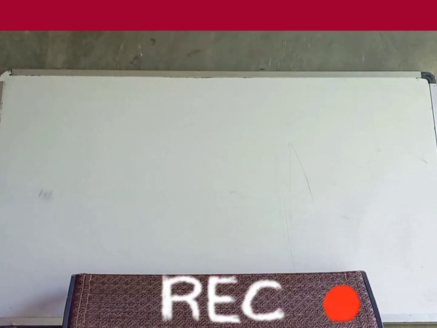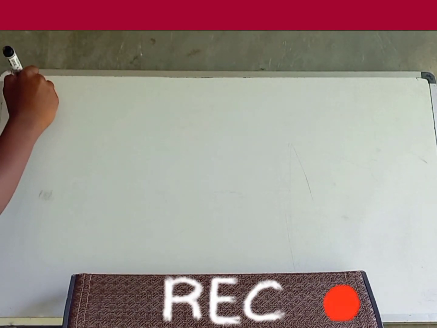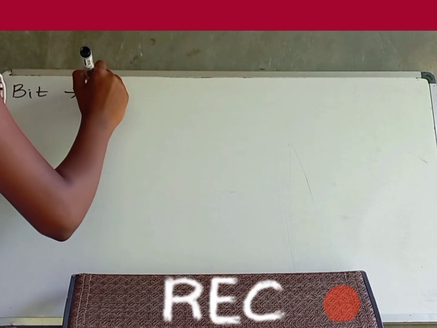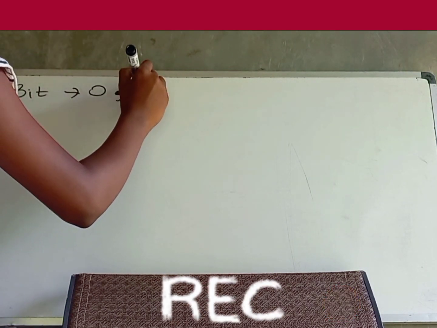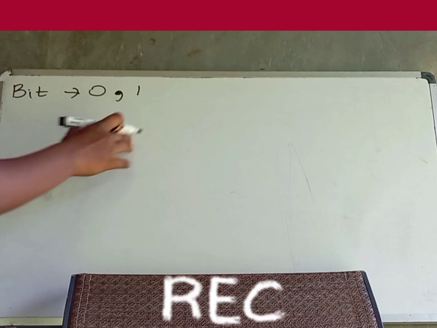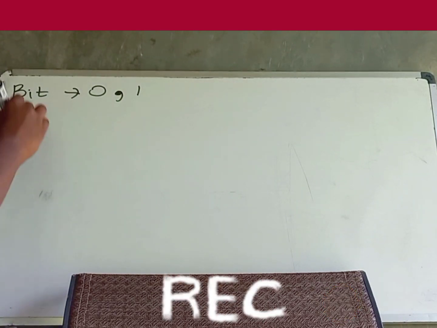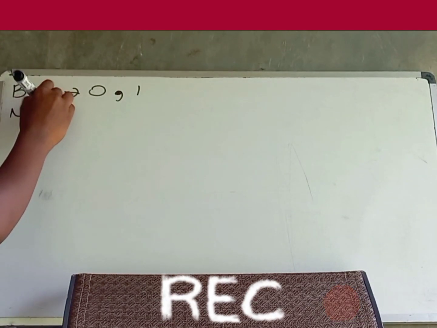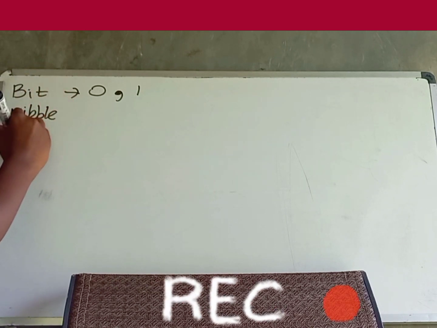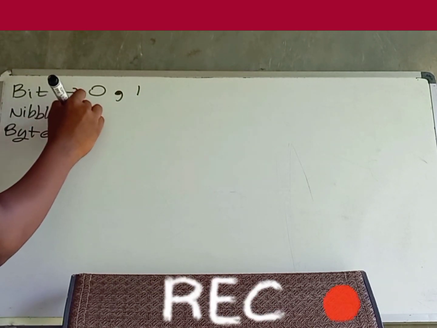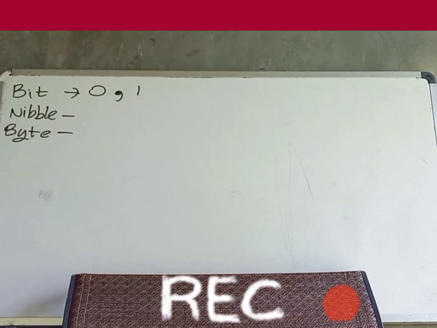So like I told you, a bit is 0 or 1. What is a nibble or what is a byte? Let us go for a search.